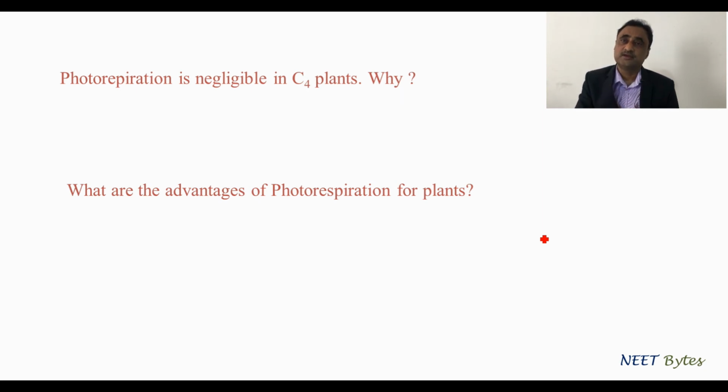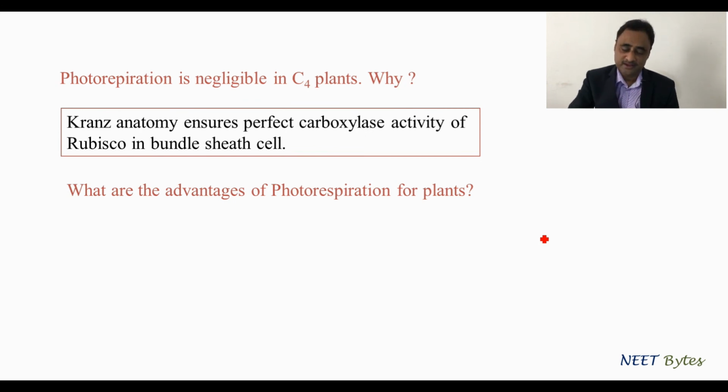So that's why it undergoes only carboxylase activity, not the oxygenase activity, because we have seen that the dual activity of the Rubisco enzyme is only due to exposure to different concentrations of CO2 or O2. Okay, so it is the Kranz anatomy which ensures that photorespiration is negligible in C4 plants.